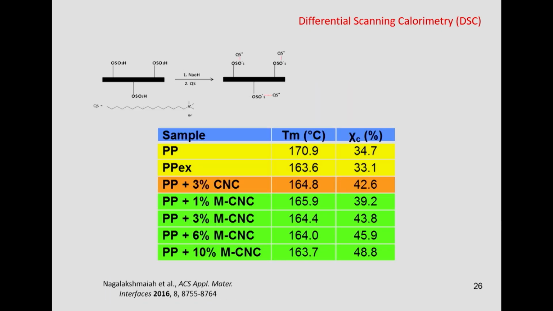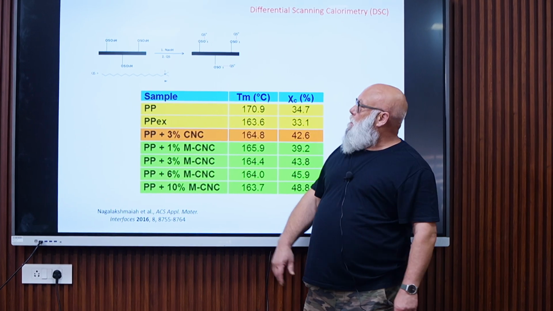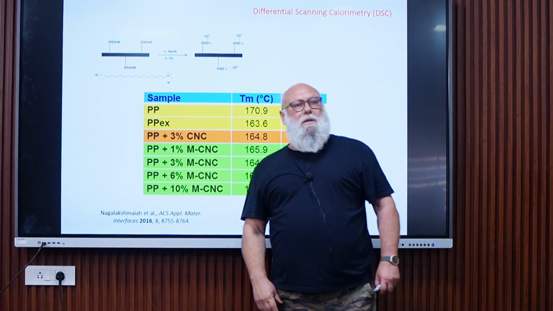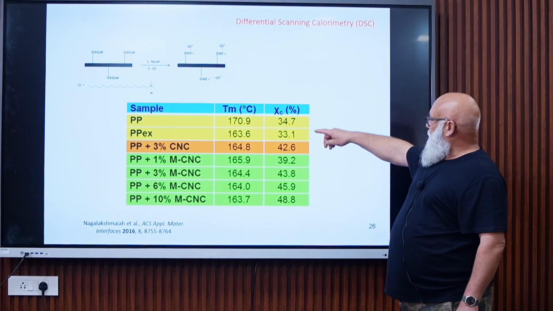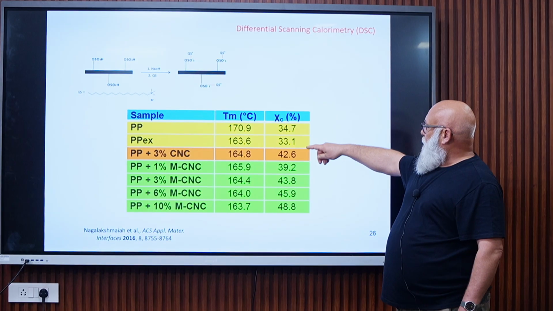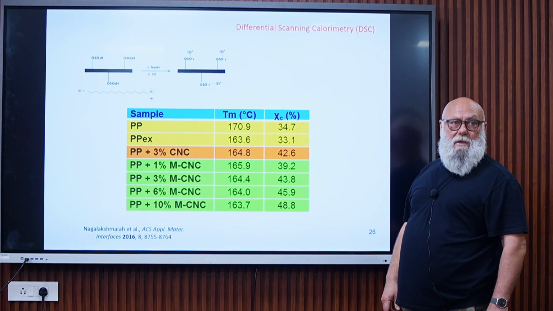I think we already seen this. Just to show the nucleating effect of the fibers. In this case, it was natural cellulose nanocrystals that were compatibilized with a matrix, which was polypropylene, using this quaternary salt. And what we have seen is that, in this case, the crystallinity of the matrix increased when adding cellulose nanocrystals.